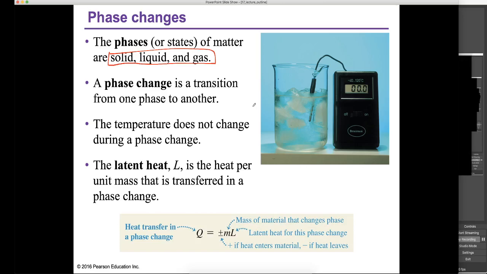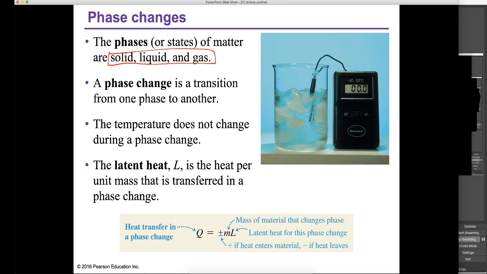And then if you heat the water again, the temperature of the water will change. However, during the phase change, for example, if you have a container with some ice and water in thermal equilibrium, then the temperature has to be 0.